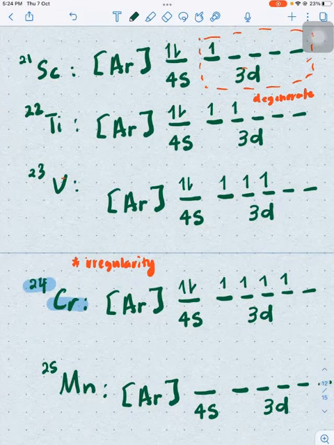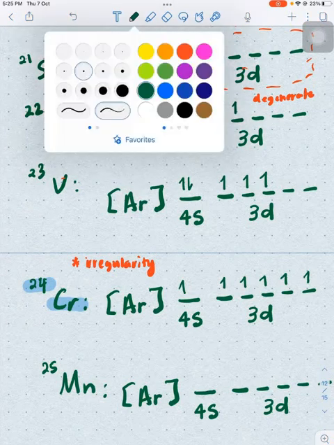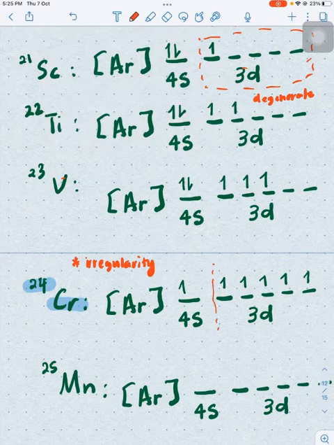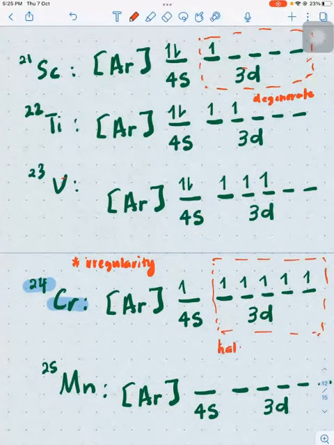Yang jadi dekat kromium ni adalah sebenarnya dekat orbital 4s ni dia ada satu saja elektron, yang mana satu lagi pergi duduk dekat sini. Okay, apa yang berlaku adalah you can see that you have so many single or unpaired electrons, and in fact kalau kita fokus dekat 3d ni, apa kita boleh nampak adalah this 3d is half filled, terisi separuh.